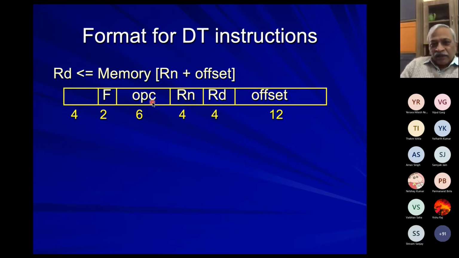Unlike DP where you had 4 bits, here you have 6 bits. And F is 0, 1 for this. So the contents of F distinguish whether it is a DP instruction, data processing instruction, or a DT instruction or something else, right?